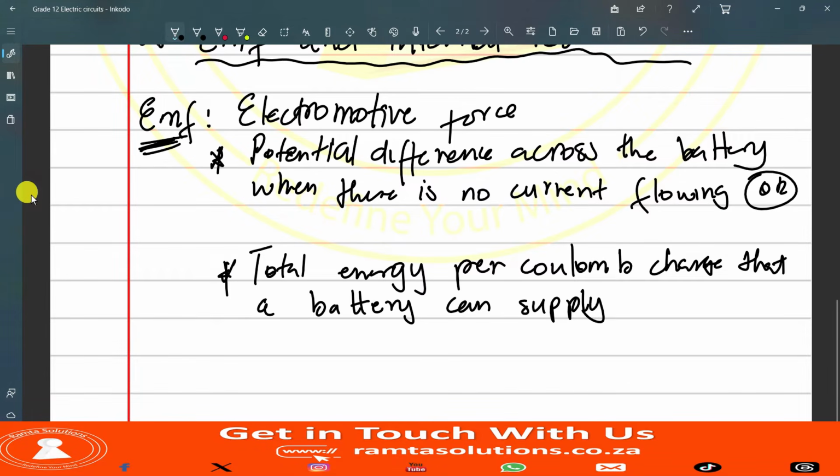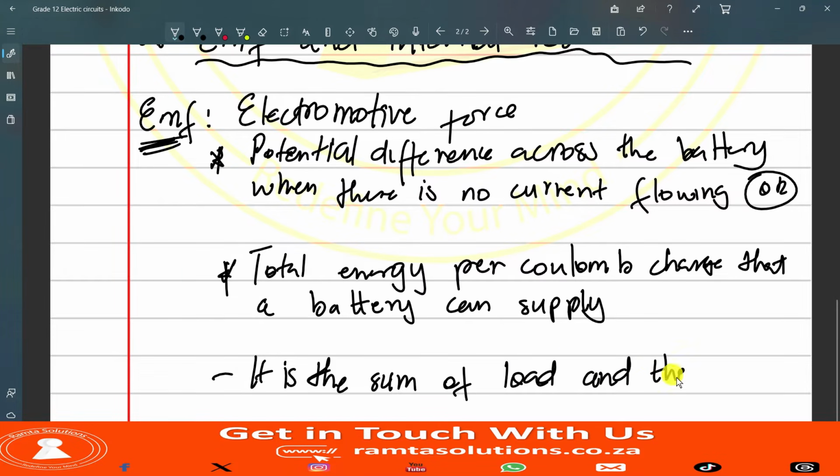Okay, so it is also the sum of the load and the lost volts. I've already given you an equation here.